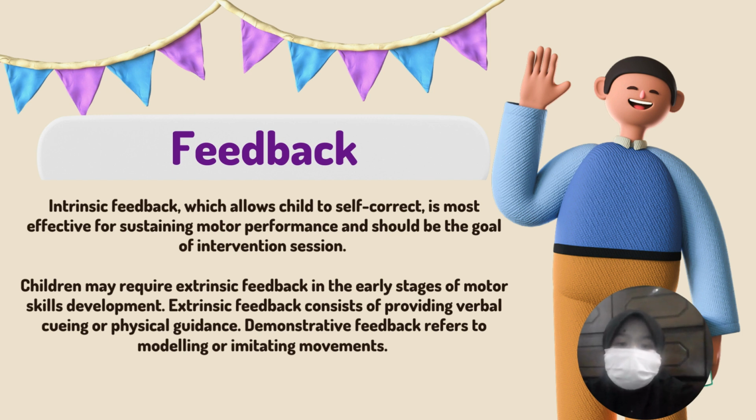Demonstrative feedback is best provided before the child actually practices the movement or the skill itself, as well as throughout the early stages of skill acquisition. It should not be given with verbal commentary because that will decrease the child's attention on the movement itself.